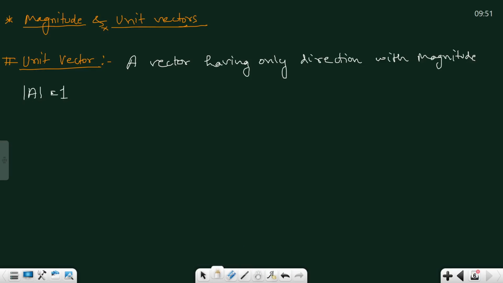Okay. So whenever you take a vector, its unit vector, its role is just to provide the direction. The magnitude will always be equals to 1.